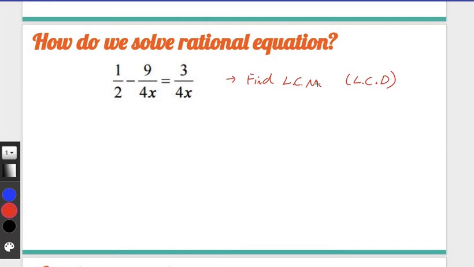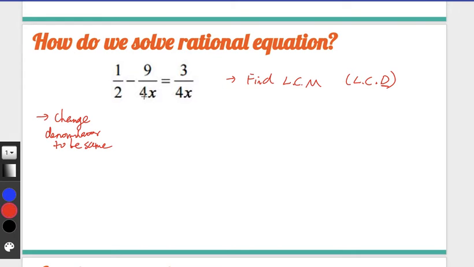Really no difference. Least common multiple, but this one is least common denominator. Just like when we deal with fractions, in order to solve this one, I need to change everything to the same denominator. So the very first thing, I need to make sure all the fractions have the same denominator.